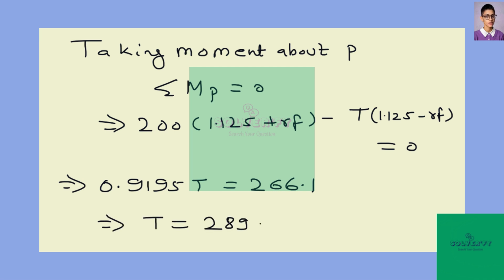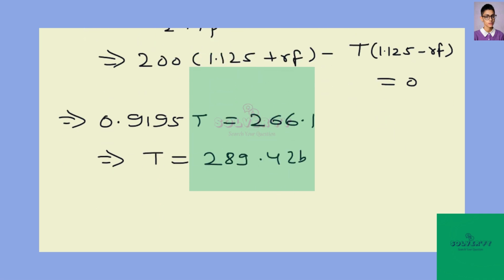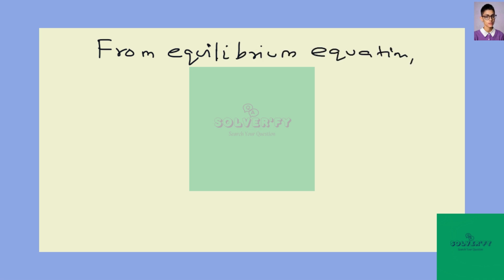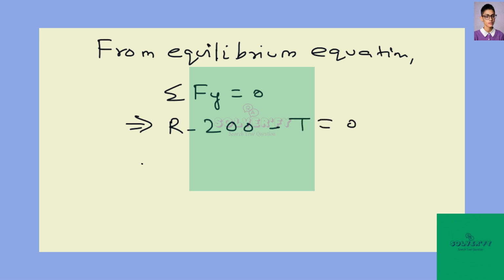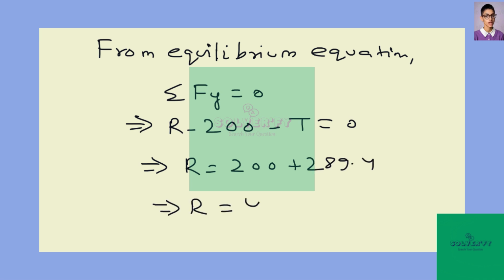On solving this, we get T is equal to 289.4 lb. Now going further, from equilibrium equation, we have summation of Fy is equal to 0. Now writing the equation and solving it, we will get R is equal to 489.4 lb.